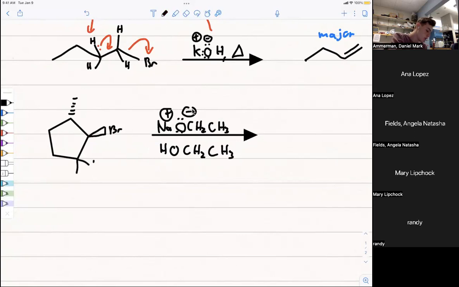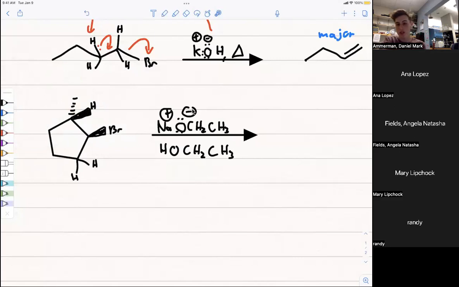Actually, there's two over here, and then there's one over here. We know this top one is going to be on a wedge because the methyl group here is on a dash. So this one's definitely on a wedge, and that methyl group's on a dash.